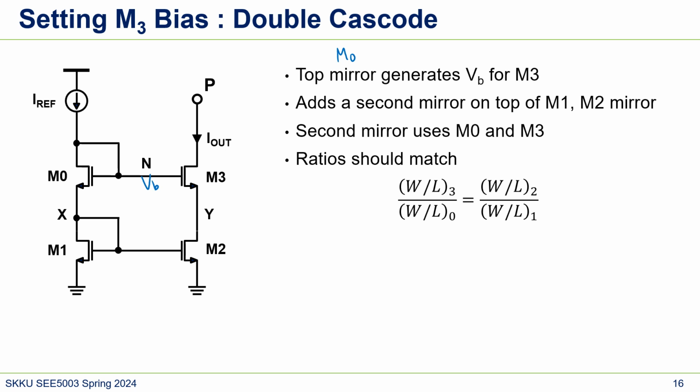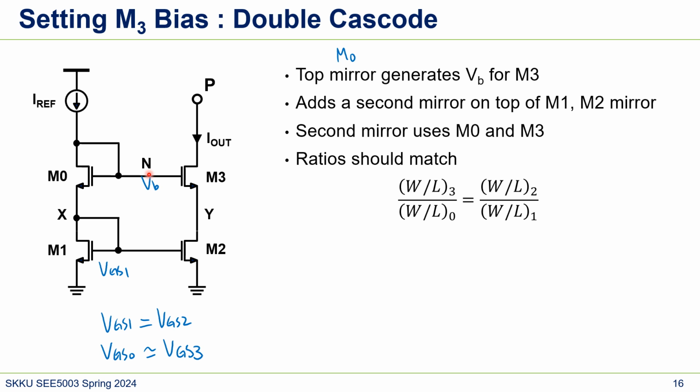So how does it work? M1 and M2 set VGS1, so VGS1 is equal to VGS2, right? And then M0 and M3 should flow a similar current, so VGS0 is kind of equal to VGS3, because these two also should flow the same current.